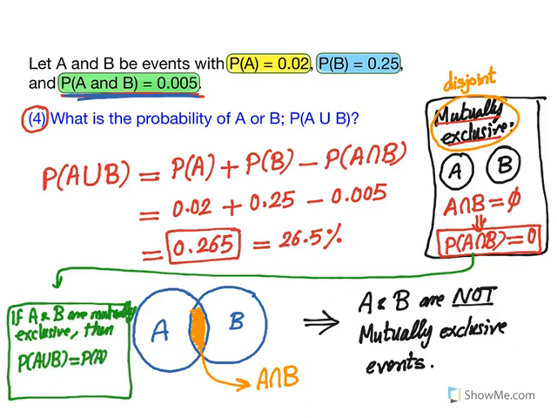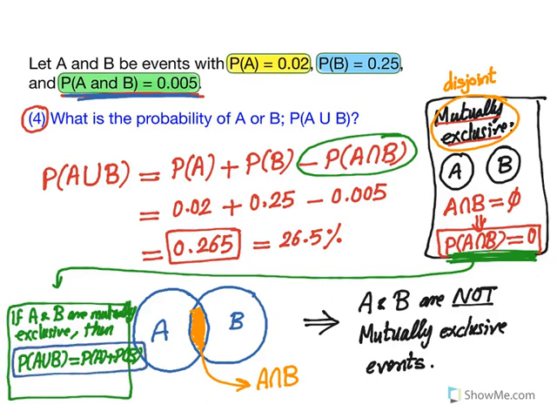It's probability of A plus probability of B, and you don't need to subtract this because it's already zero. The probability of A and B already is zero, so the rule becomes just this one.